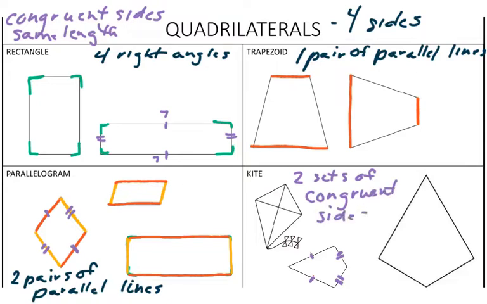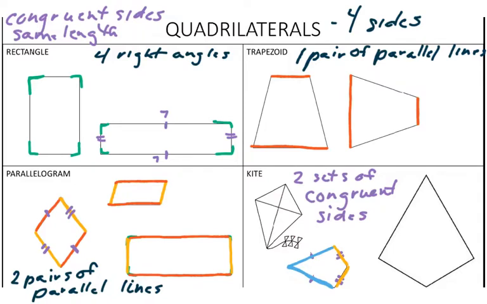So for example, in this polygon here, this side is congruent to that side, meaning they're the same length, and this side is congruent to that side, meaning they're the same length.